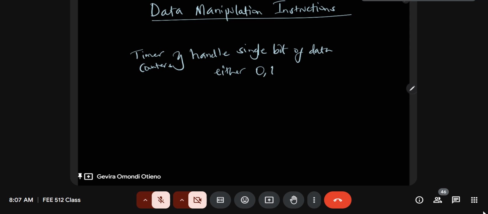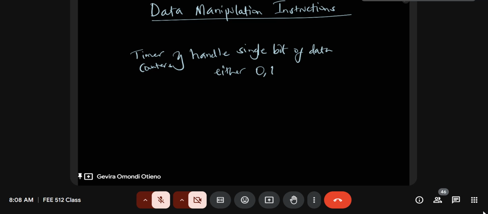And even their output can only provide a single bit of instruction, which is either a logic high or a logic low, meaning the done bit can either be just a logic high or a logic low, 0 or a 1. So this already is a limitation, because it means that these instructions can only provide a single bit of data at any given time.